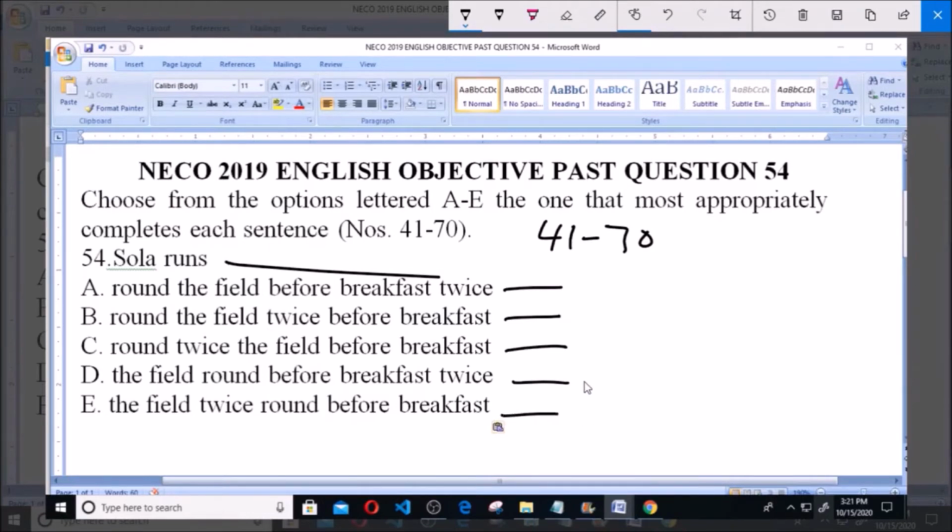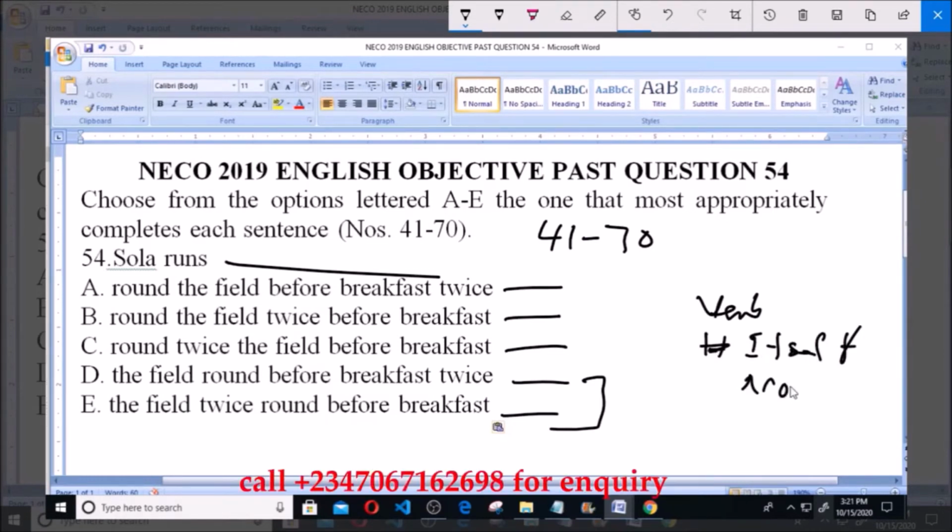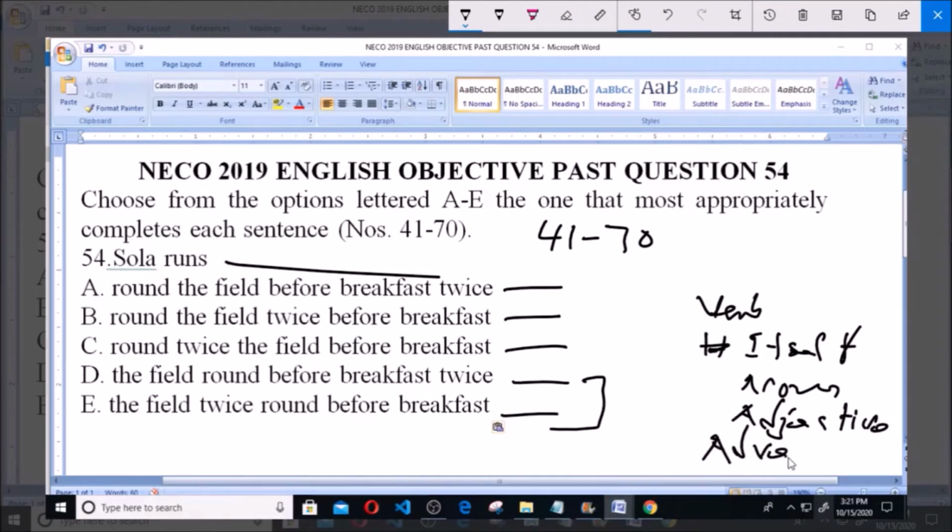As a matter of fact, options D and E are out of context, so they are not even grammatical and not in order with the rules of grammar. Then options A, B and C. A verb modifies itself, a noun, an adjective, or an adverb.